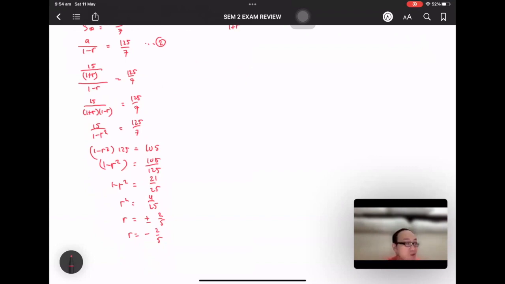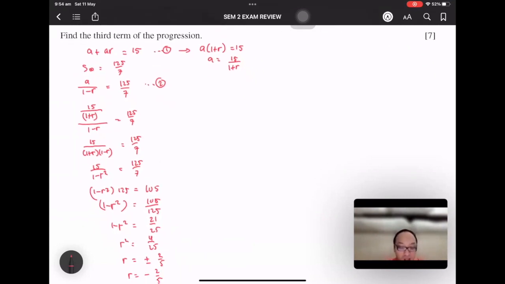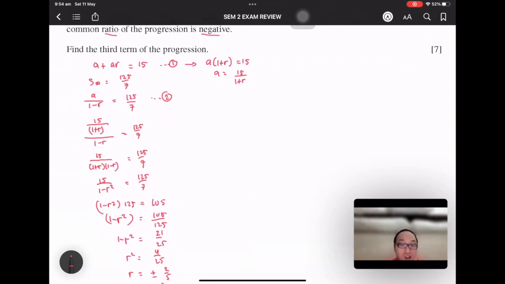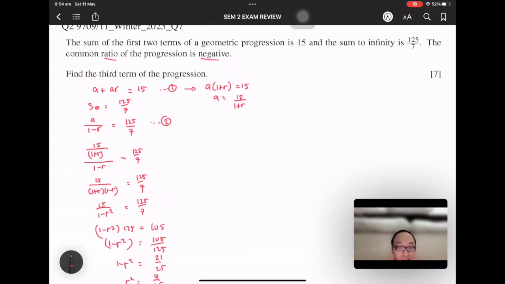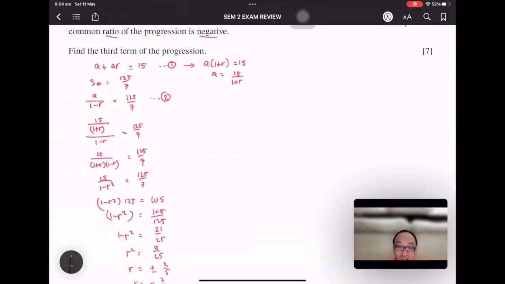So from here, we can find the third term. The third term is A R to the power of n minus 1, A R to the power of 2. N is 3, 3 minus 1. So A R squared.